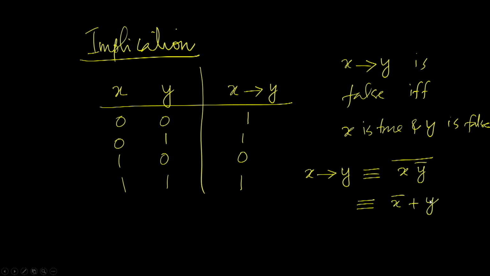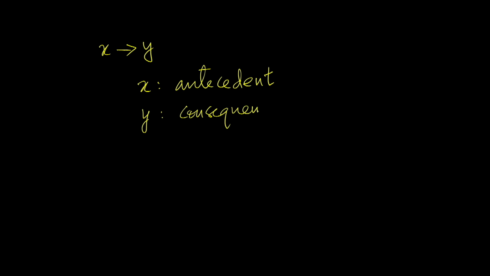So, we find that x implies y is true when x is false or y is true. In the case of an implication, x is called the antecedent and y is called the consequent. So, what we have seen is that if the antecedent is false, the implication is true.